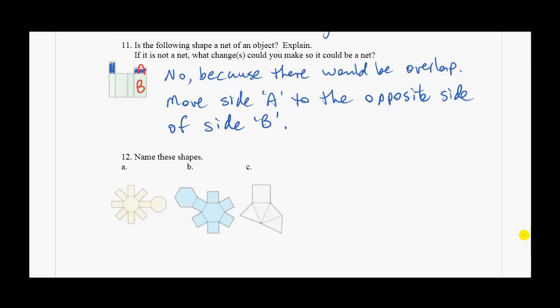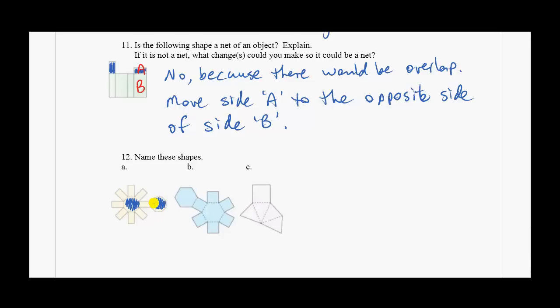Some practice. Number 12, name the shapes. In part A, we take a look, we ask ourselves how many bases there are. Are there one or two bases? In this case, there are two, and I will shade those in. How many sides on that base?